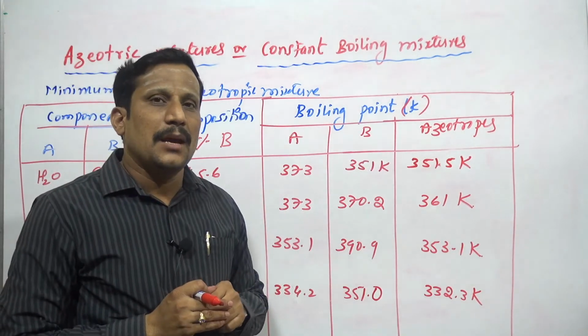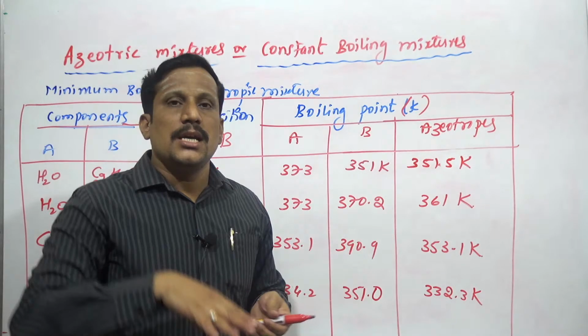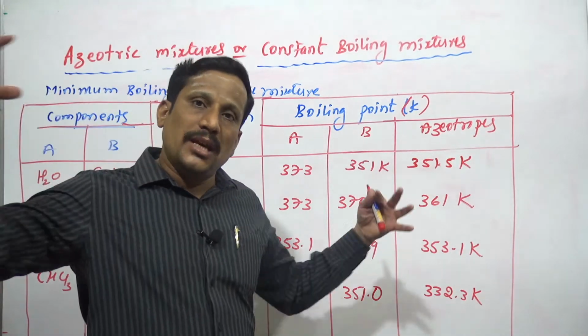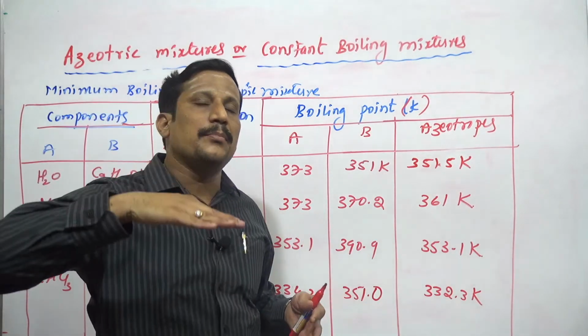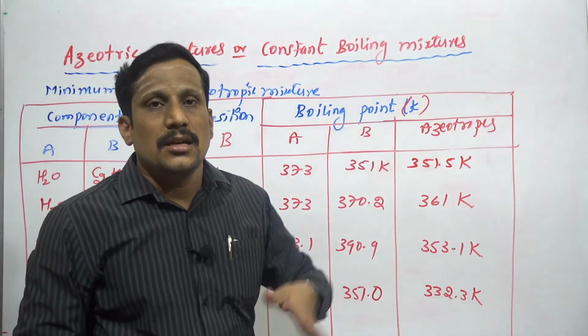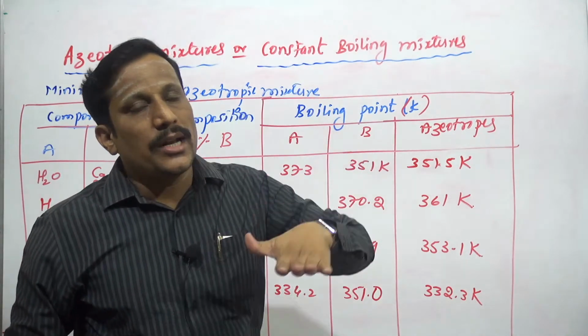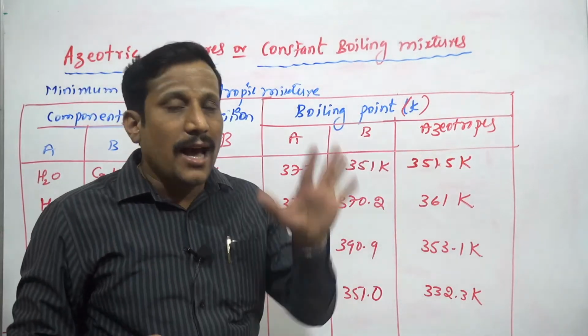Generally, minimum boiling azeotropic mixtures boil at a lower temperature than that of the components.